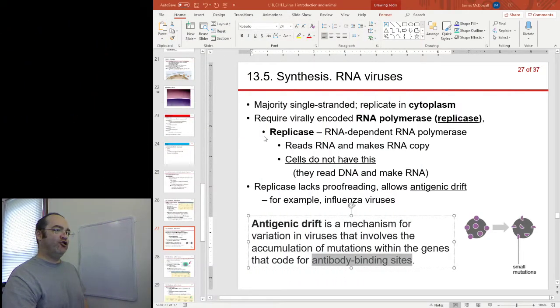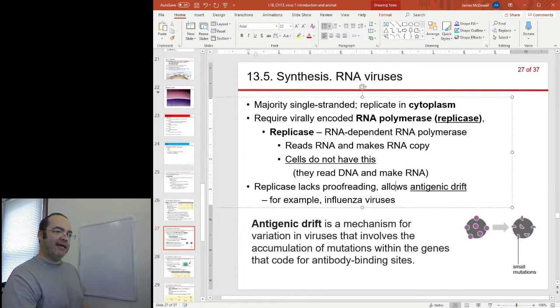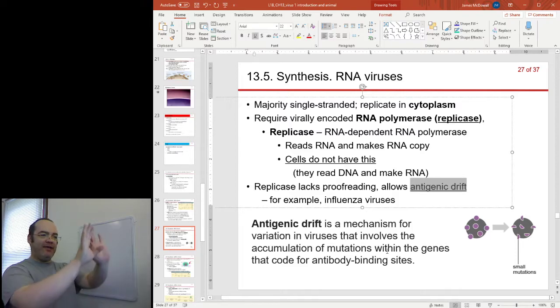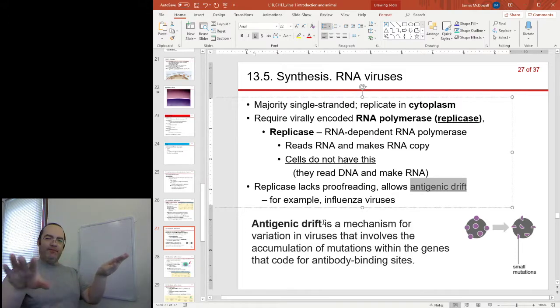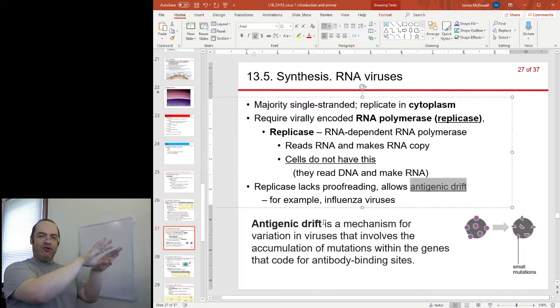So antigenic drift is an important mechanism of viruses gradually changing the shapes of their antigens, i.e. the proteins on their surfaces. And drift, think of it like drifting, it's a slow process. Typically, it's thought of as a slow process.